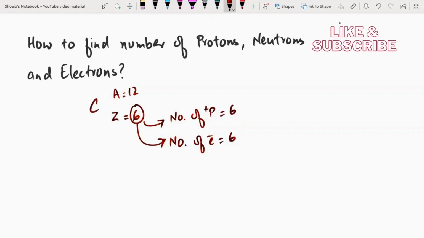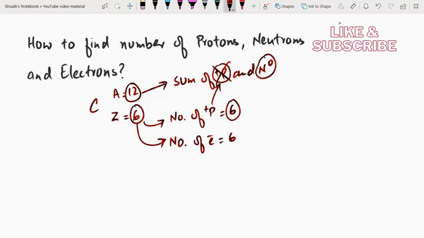Now for the mass number. From the definition, the mass number is the sum of protons and neutrons. We have a number of protons, 6, here. If I subtract the number of protons from the mass number, what particles remain in the mass number?